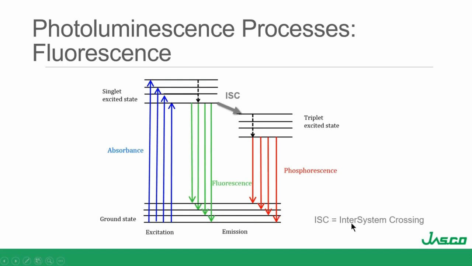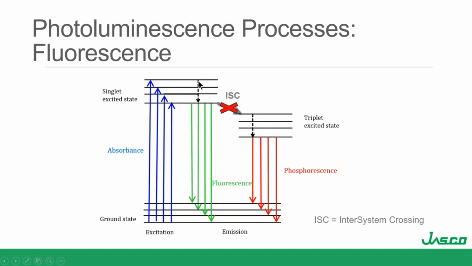So if there's intersystem crossing, that means basically that the singlet excited state and triplet excited state have really good overlap of these energy levels. Then the molecule can transition to this triplet state, lose some energy vibrationally down to this first level of this excited triplet state, and then can give off photons down to these vibrational levels of the ground state in the form of phosphorescence.